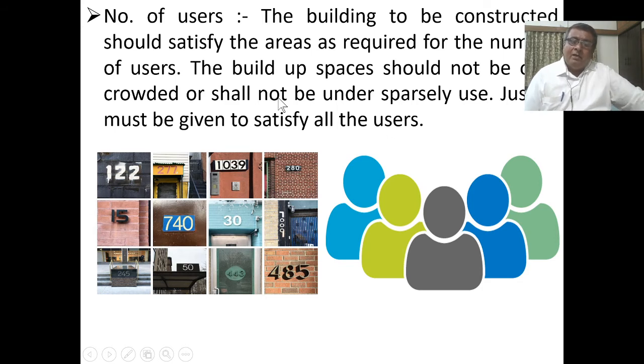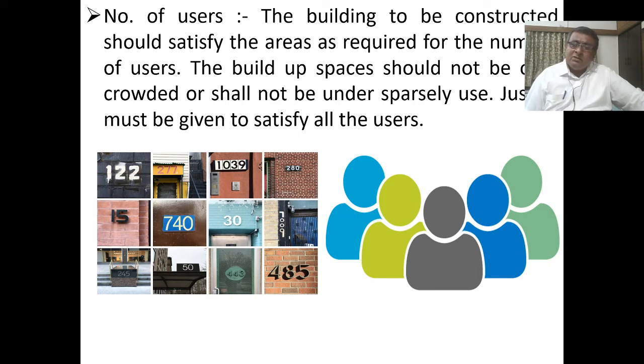Now suppose a school building has a strength of 500 students. During the start of the school, before the first bell rang, children come in groups of 5 or 10 or individually to the school, some 500 students. But when the school is over, all 500 students rush outside the school building at a time.